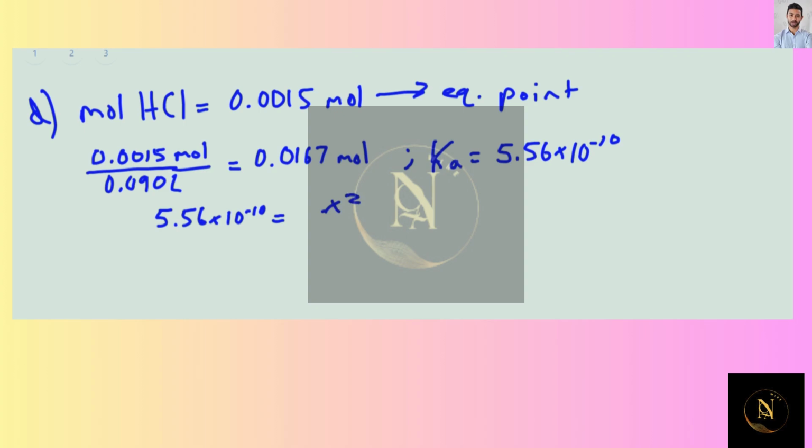We get x squared over 0.0167 minus x. We disregard this minus x, and we get x is equal to 3.05 times 10 to the minus 6. And since we're dealing with an acid now, we can directly calculate pH as being equal to 5.52.